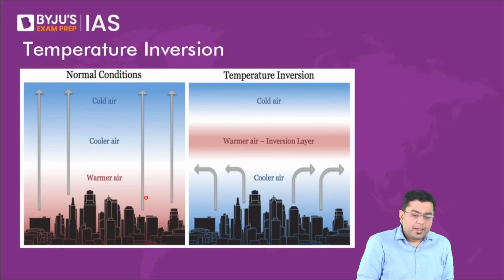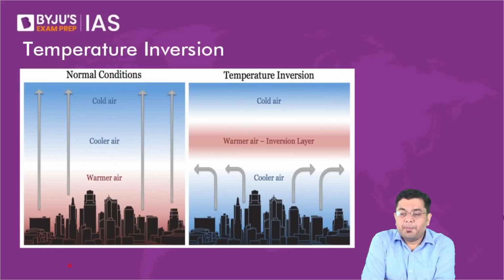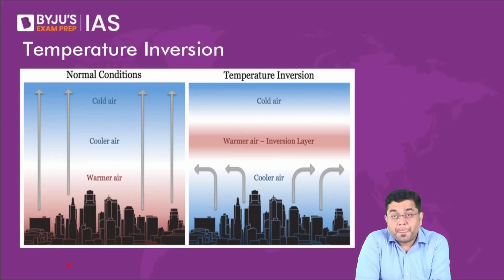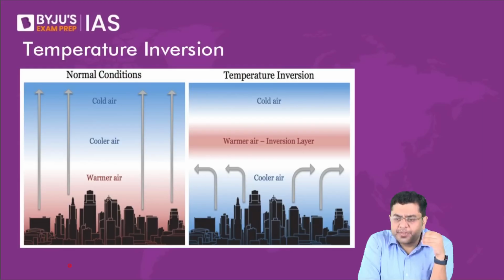Now we come to the portion which we refer to as temperature inversion. What do we understand by temperature inversion? When we say inversion of temperature, it is basically the presence of certain conditions due to which, closest to the surface, we do not experience a positive lapse rate, but rather we end up experiencing a negative lapse rate.